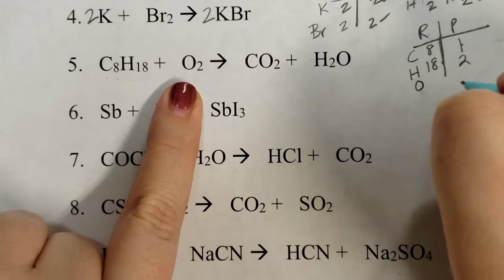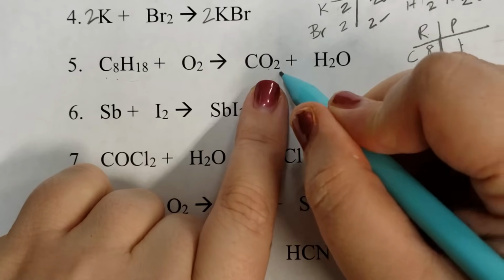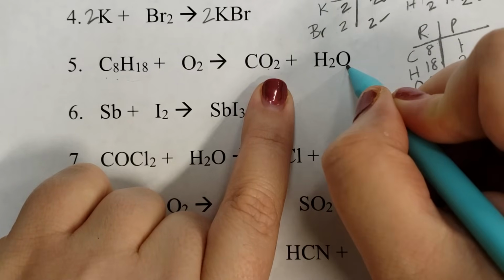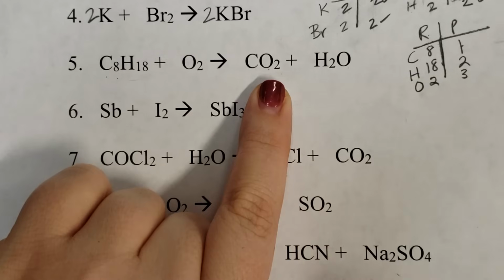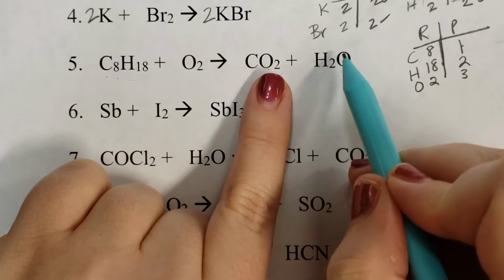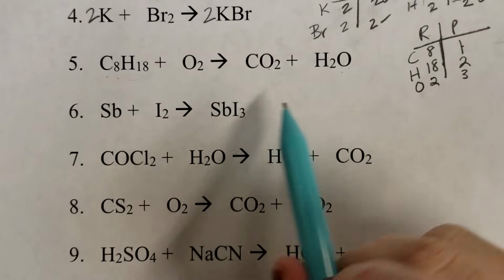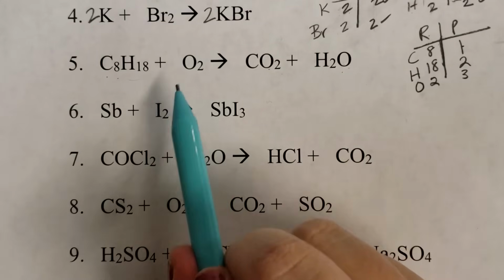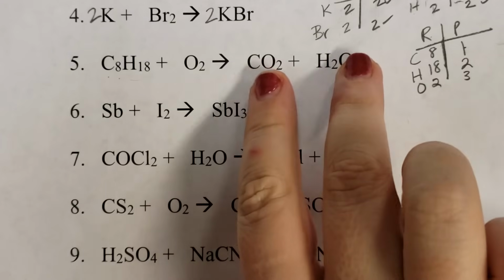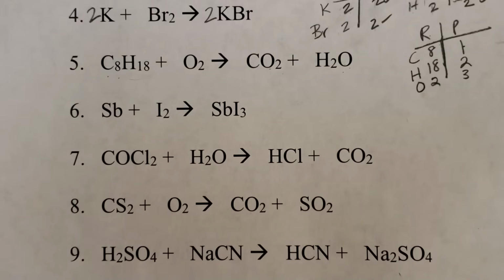On the reactant side, we have 2 oxygens, and on the product side, we have 2 plus 1 is 3 oxygens. Now remember, anything that's in 2 places, we're going to leave that one for last. So even though it's by itself over here, it's going to be too hard to do over here, so we'll leave that one out.